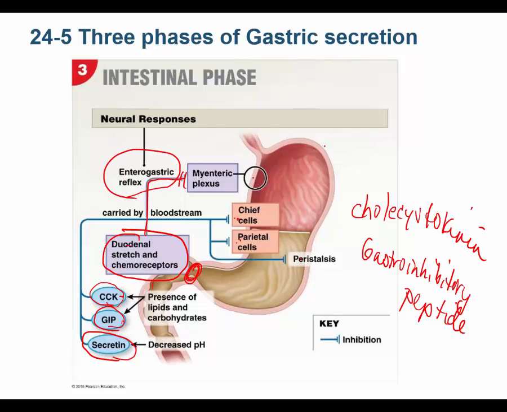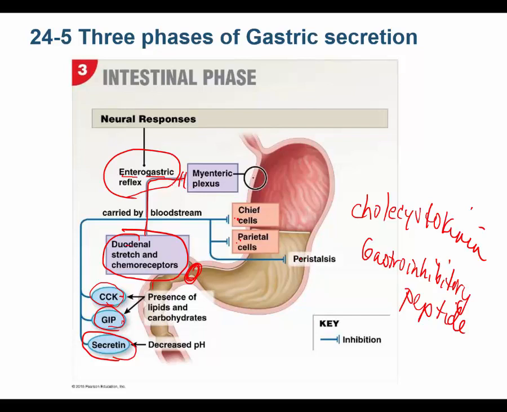Do not confuse it with the gastroenteric reflex. There is a gastroenteric reflex, but I'm talking about the enterogastric reflex. Entero meaning intestine, gastric meaning stomach. The intestine to stomach reflex. When the duodenum fills with some food and the stretch and chemoreceptors are activated, I have the enterogastric reflex where I shut down the stomach.